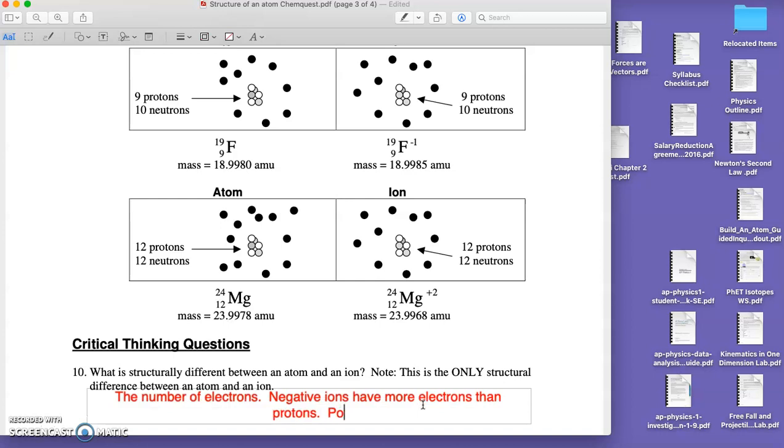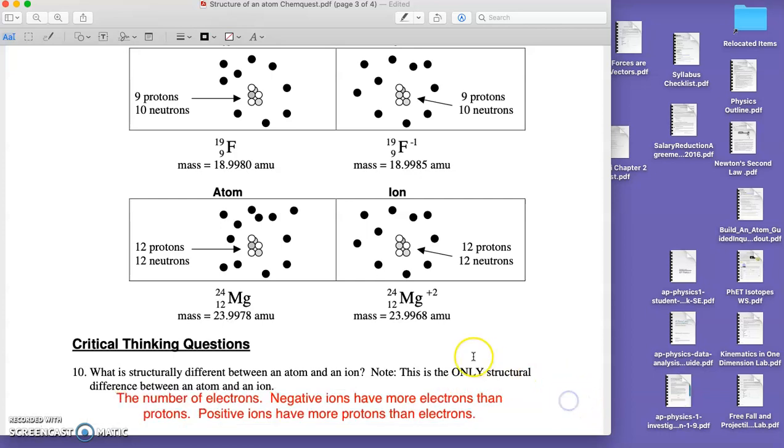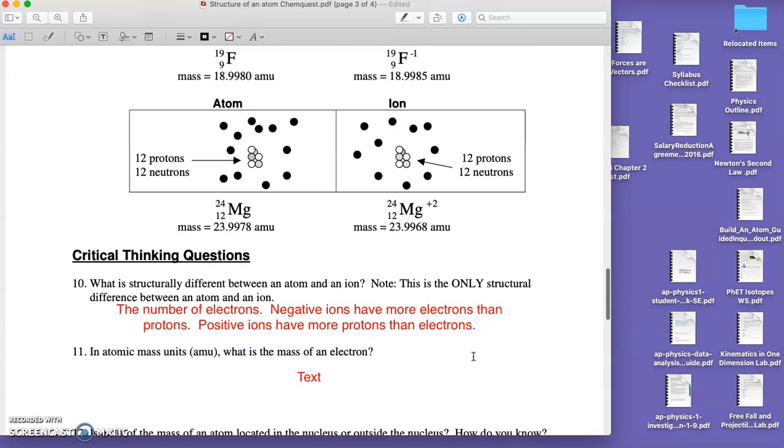And then we have the magnesium, which is positive. Positive ions have more protons than electrons. All right, so that's how we can tell the difference between atoms and ions.